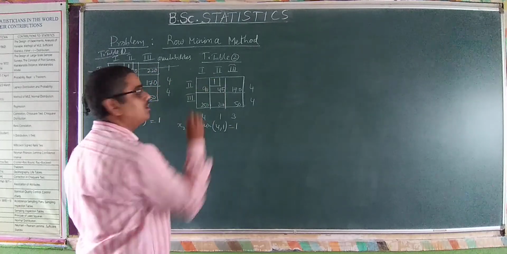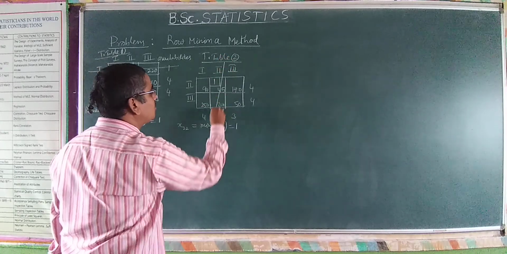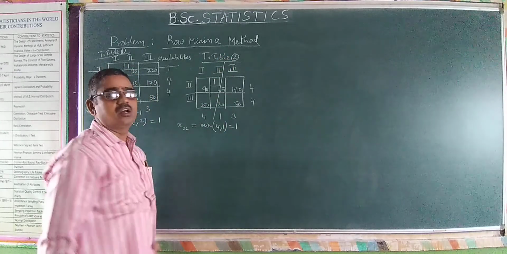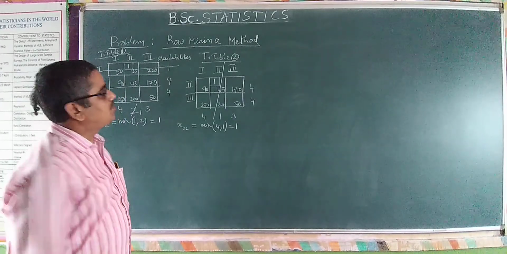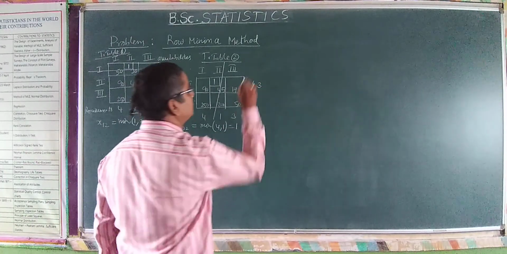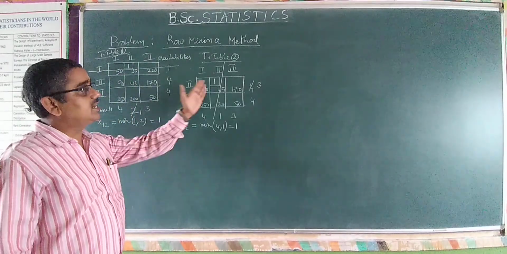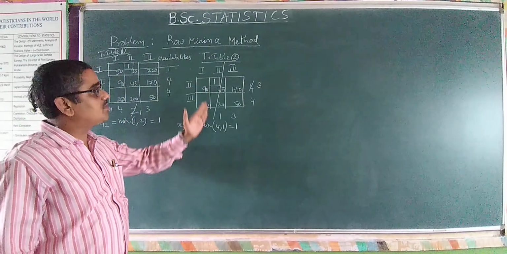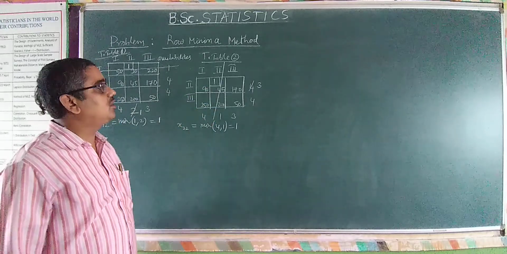Therefore, allocate 1, and then cancel the second column, since the requirement of the second destination is satisfied. The remaining balance here is 3.